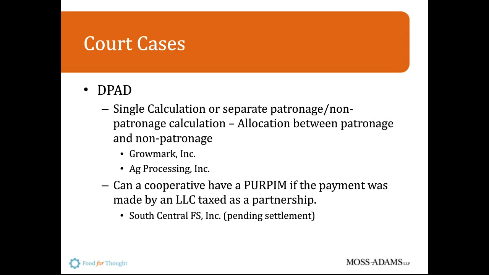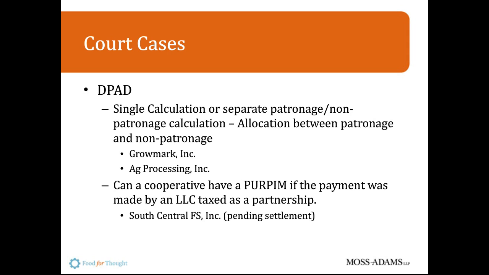The secondary issue in both of those cases then is once you calculate that larger DPAD deduction, co-ops are faced with the choice of, do they keep it at the cooperative level and use it to offset their tax, or do they pass it through to their members? In both cases, AGP and Growmark kept some of the DPAD at the co-op level and used it to reduce their non-patronage income.